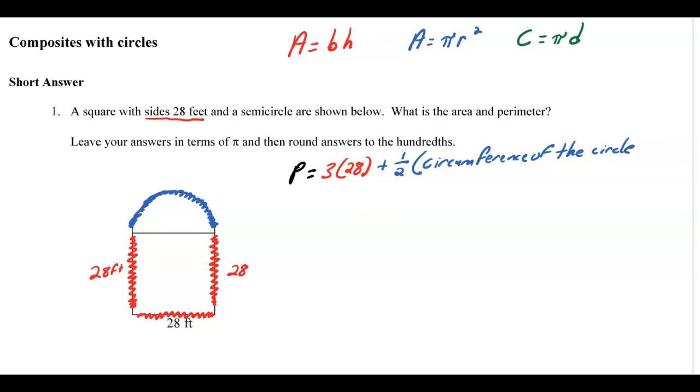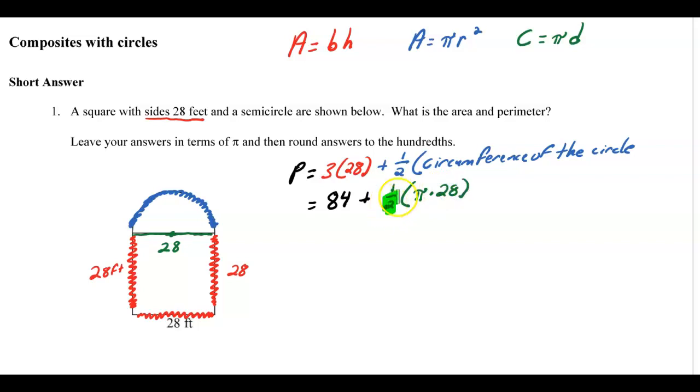So 3 times 28 is 84, so this is equal to 84 plus, and now I need half of the circumference, so 1/2 pi, and looking at this picture, I know the green segment is 28, which is the diameter, so it's half of pi times 28.